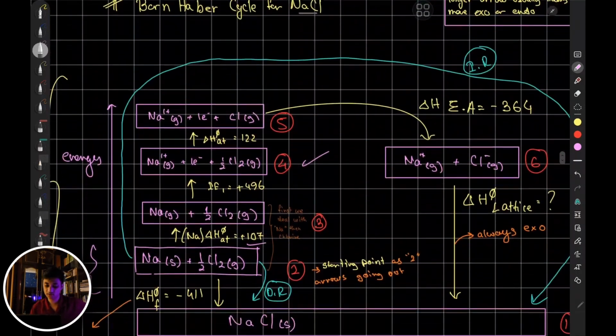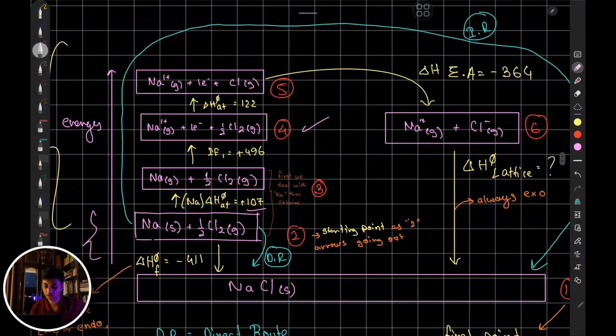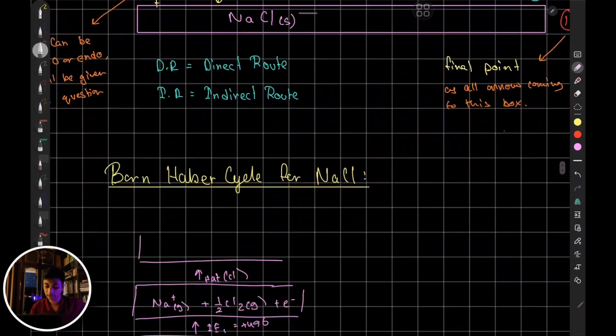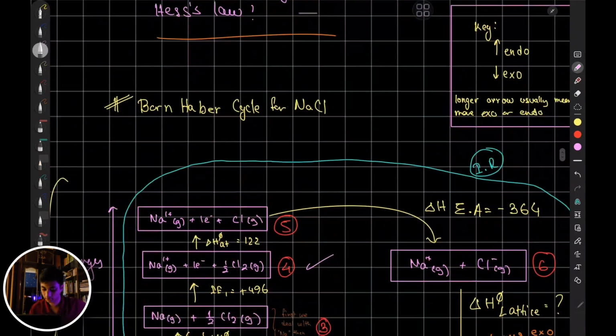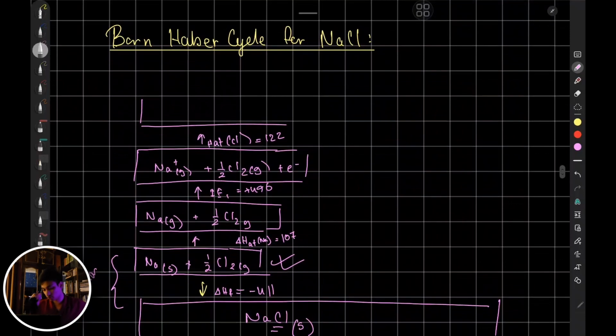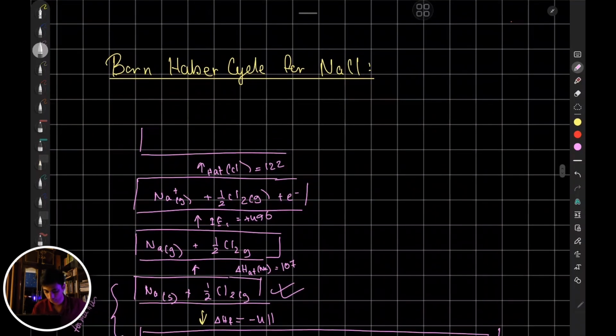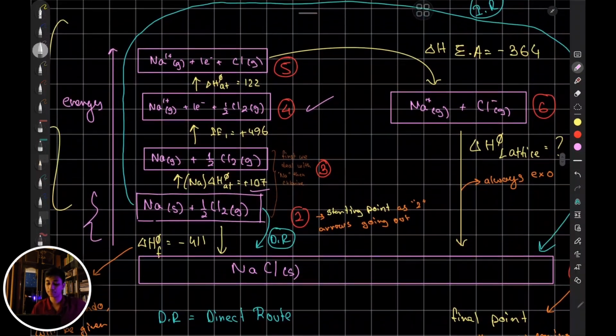Okay, so atomization of chlorine is going to give you a value of plus 122. Great. And it's going to keep Na as it is, sodium ion plus 1 electron, and it's going to be Cl gas, only Cl, because you're just taking an atom of chlorine.